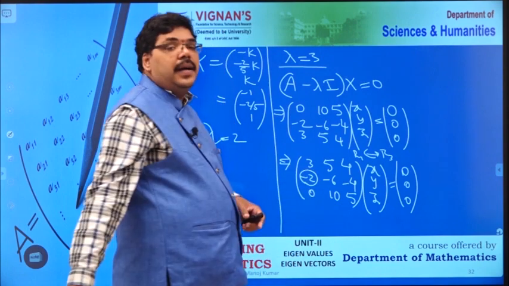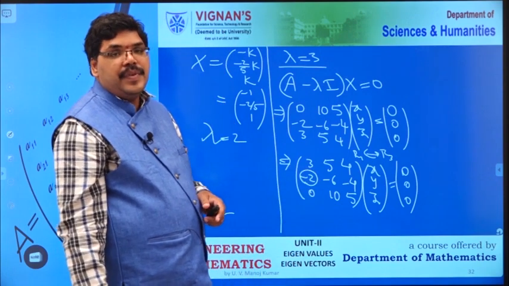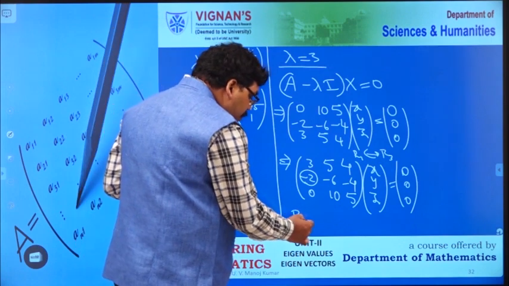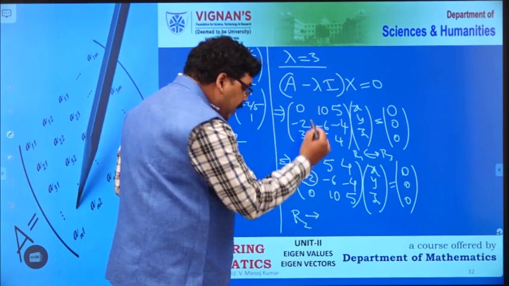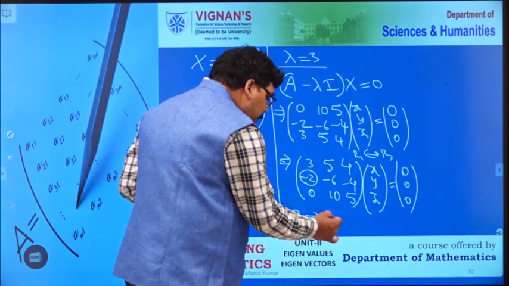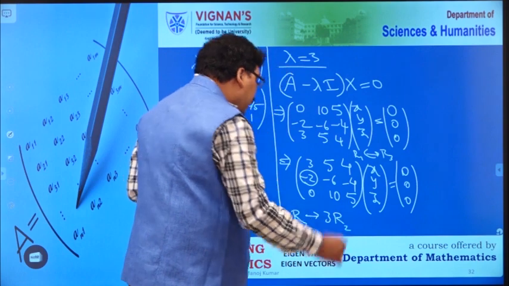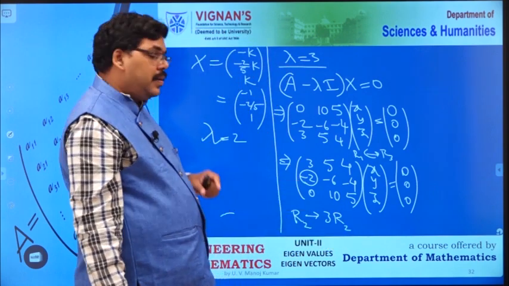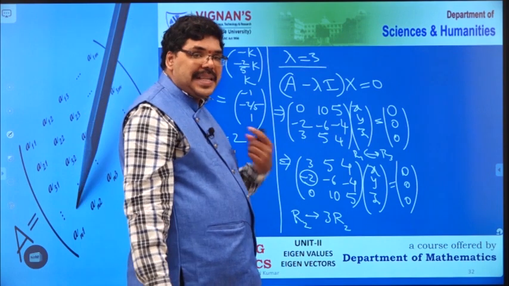For making that element into 0, which is in the second row, we use the row operation R2 changes into 3 times R2. When I write 3 times R2, this particular element will become minus 6. If I want to make it 0, I want plus 6.